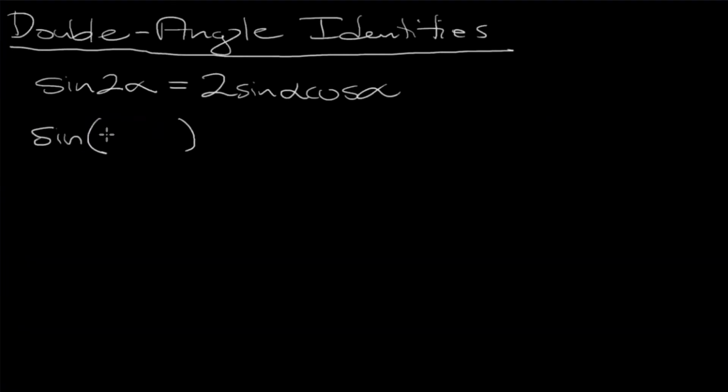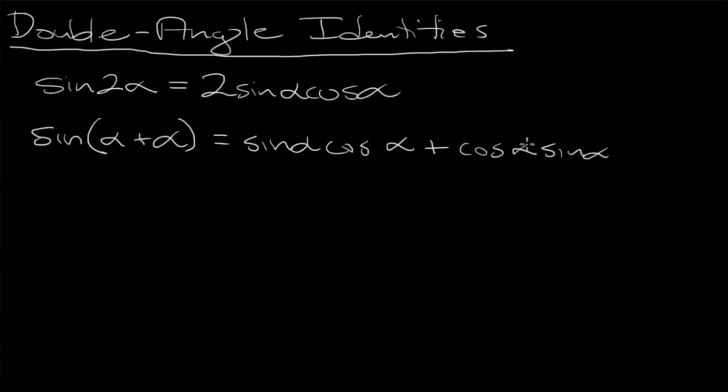sine of 2a is really sine of alpha plus alpha. And now I can use the sum and difference identities, which says sine of the first angle, cosine of the second angle, plus, because that's plus, cosine of the first angle, sine of the second angle.